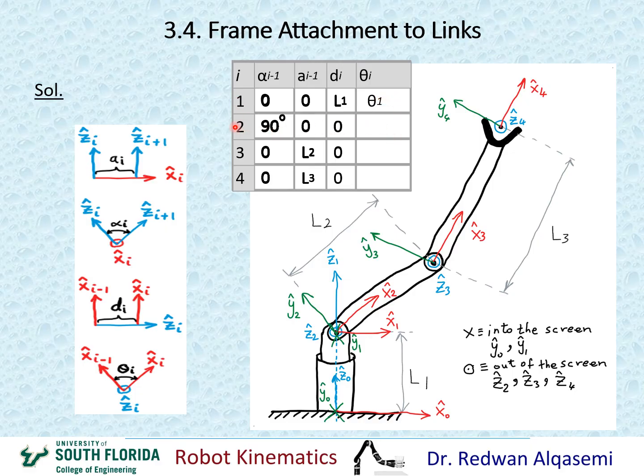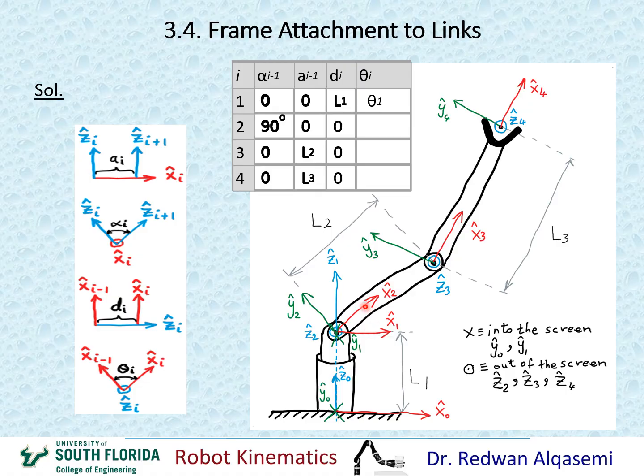Now when i equals 2, I'm going to be looking at theta i, which is theta 2. So for theta 2, I need to look at x1 and x2 about z2. x1 is right here, and x2 is right here, about z2, which is coming out of the screen at this point. Obviously here, it looks like there is an angle between x1 and x2 about this axis z2 that's coming out of the screen.